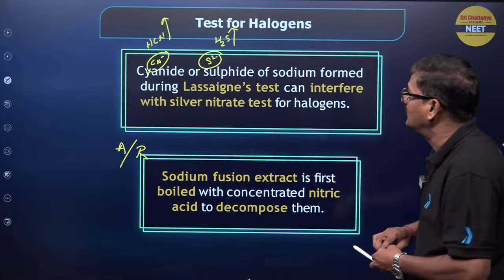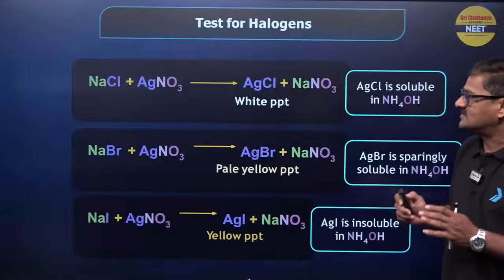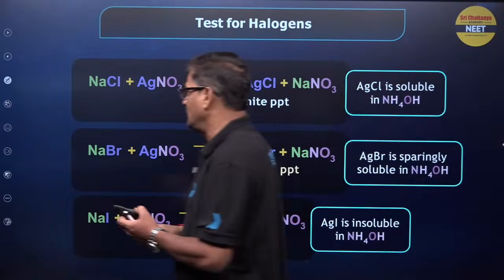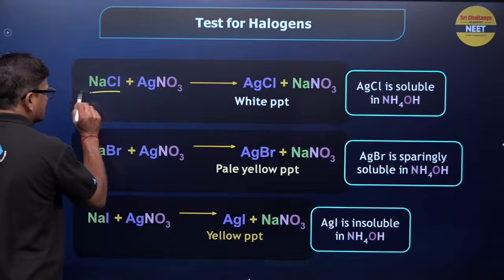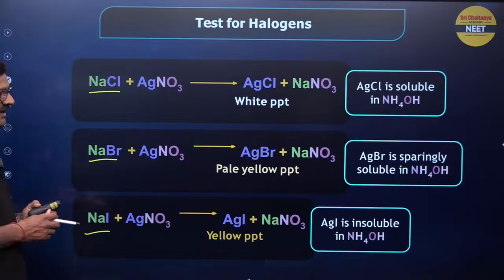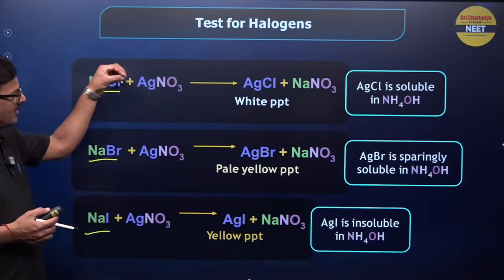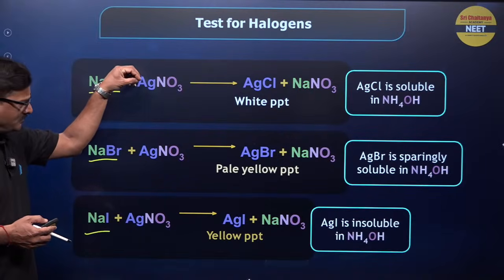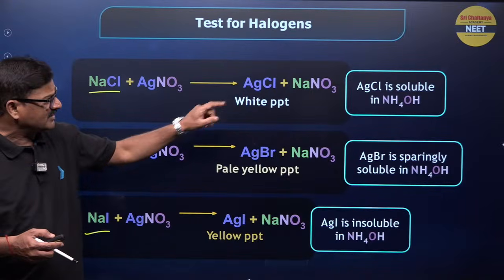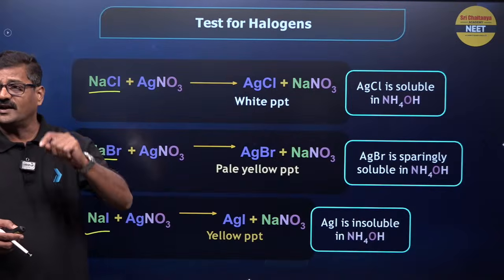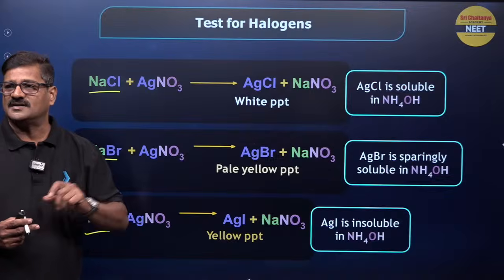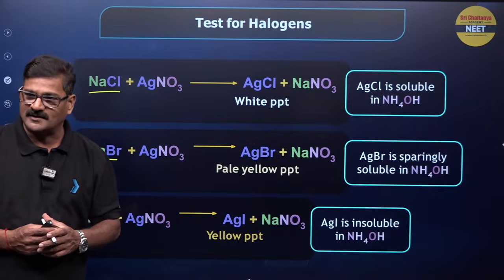So, moving ahead, how this Lassaigne test is done. Sodium chloride is formed in the Lassaigne extract if chlorine is present, NaBr if bromine is present, NaI if iodine is present. When you add AgNO3, you are going to get a white precipitate of AgCl, and it is soluble in ammonium hydroxide.